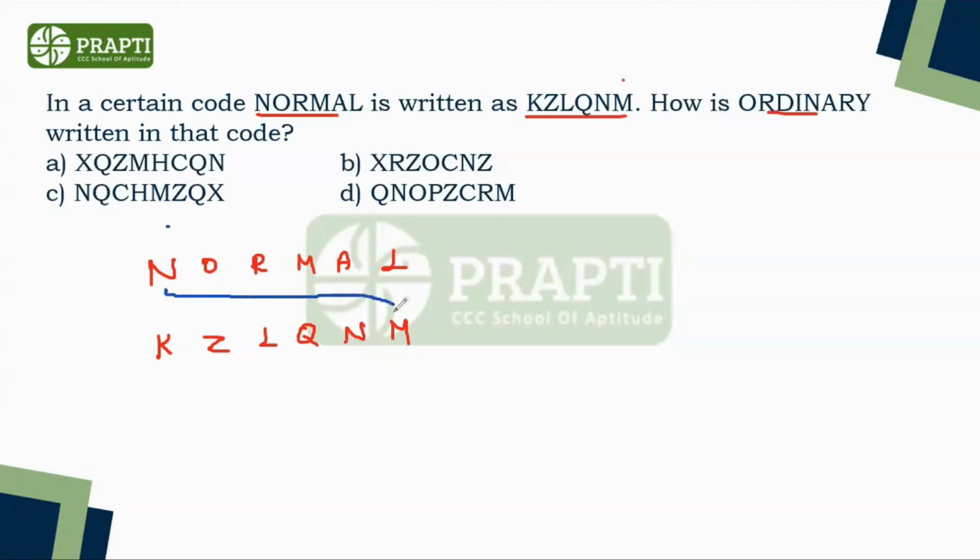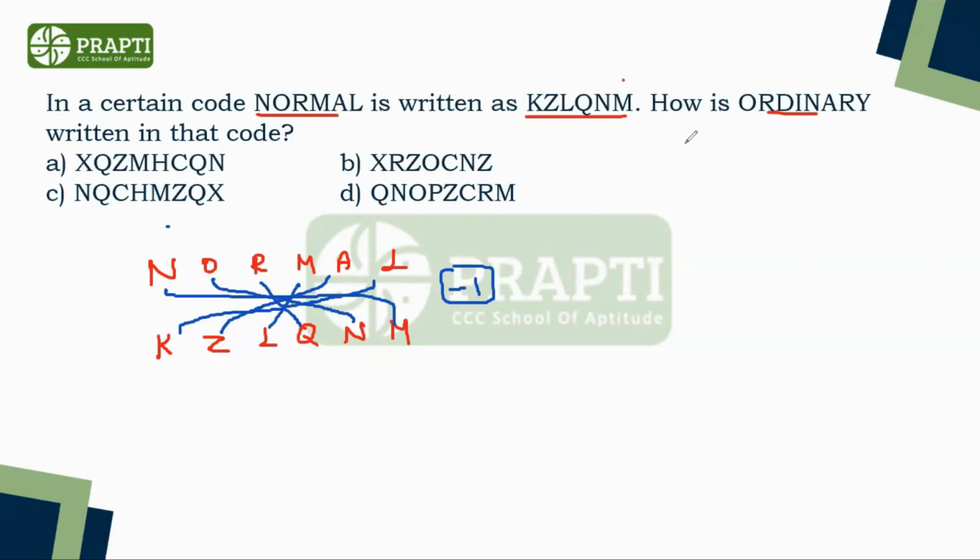N, yes, minus 1, and then their position has been interchanged. Here, KL again minus 1. ON minus 1. AZ minus 1. RQ, ML minus 1.